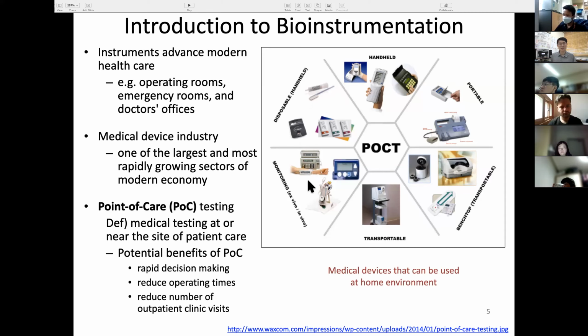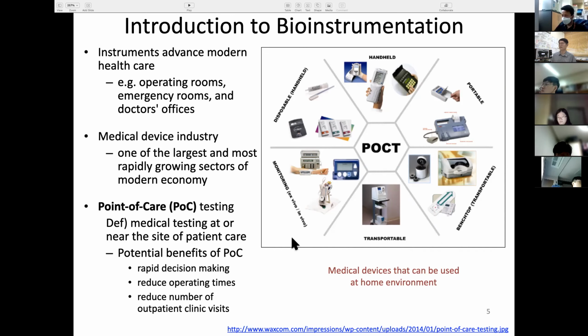And monitoring systems, even for those who have high blood pressure, now they can have a blood pressure meter at home. Like these, for many of the devices, the whole world is moving towards making them smaller, portable, and cheaper, so that you can actually use them in a home environment.